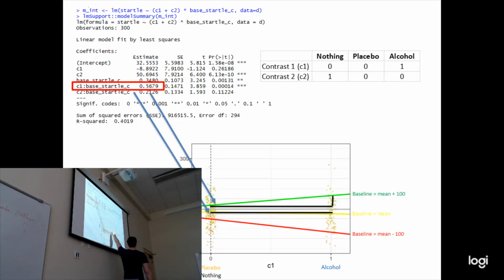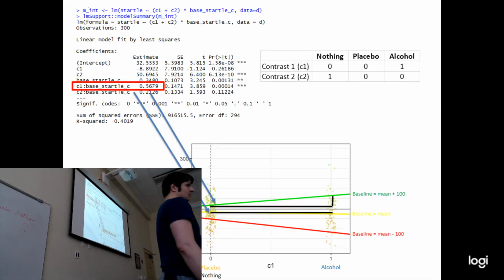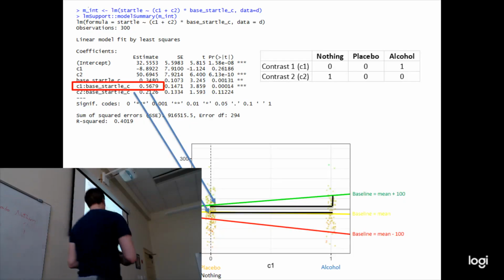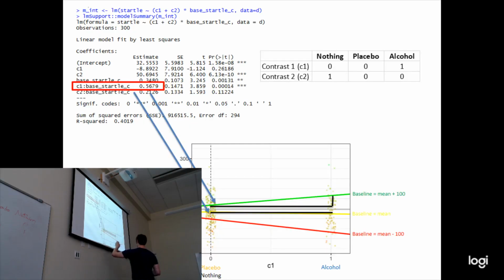And it gets positive for people high in baseline anxiety. Proportionally so, right? Yes, same degree exactly. So the predicted difference between placebo and alcohol changes by the same amount no matter where you are in baseline startle.